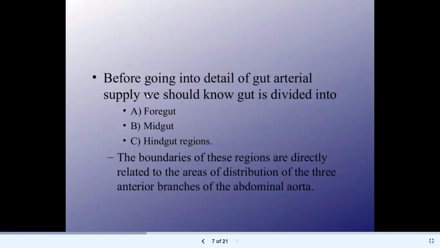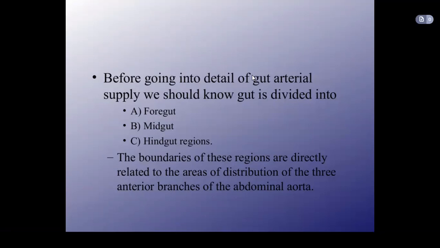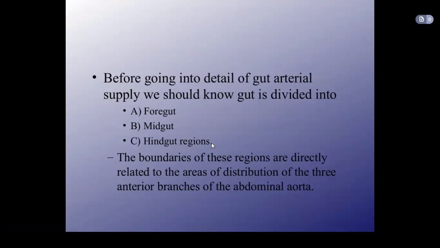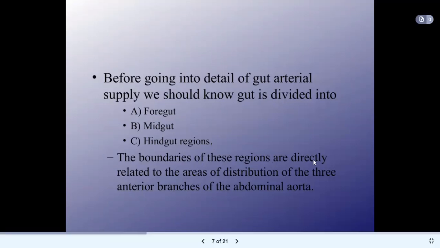Now, before going into details of the arterial supply of the gut, we need to understand how the gut is divided. So the gut, or the digestive system, if you will, is divided into the foregut, the midgut, and the hindgut region. Now, the boundaries of these regions are directly related to the areas of distribution of the three anterior branches of the abdominal aorta.